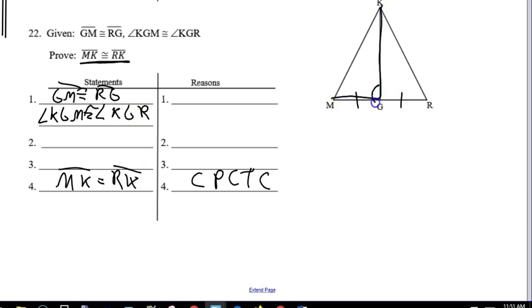The middle letter is my angle. KGR goes here to here. Middle letter is my angle. Those are both given. Now what else do we know? We know KG is equal to itself. The reflexive property.